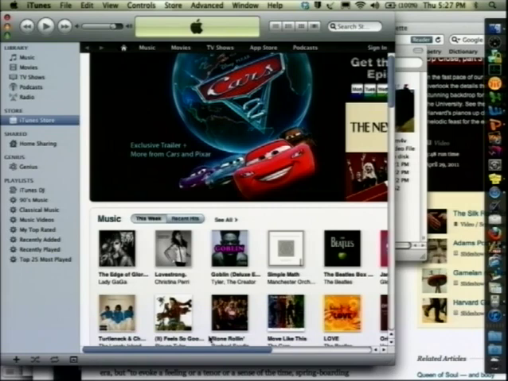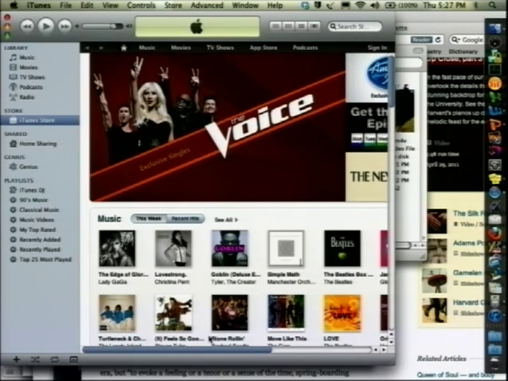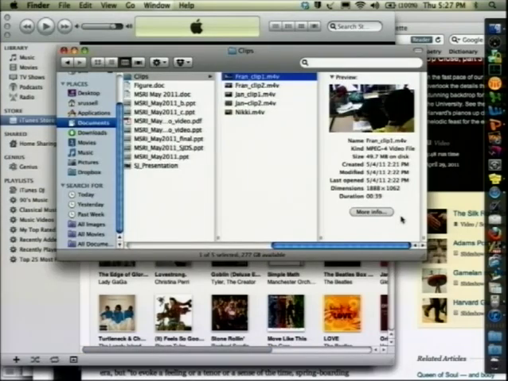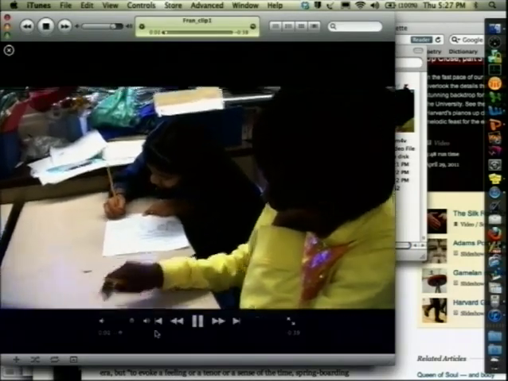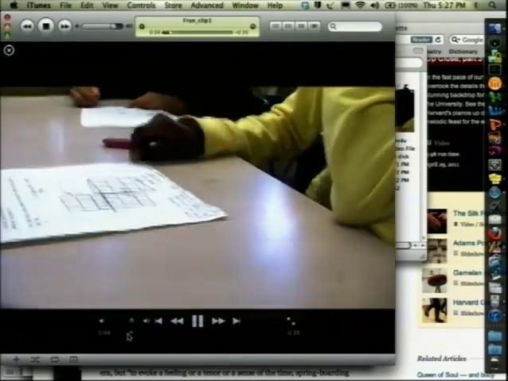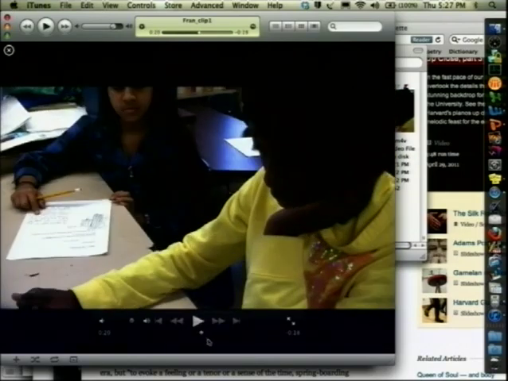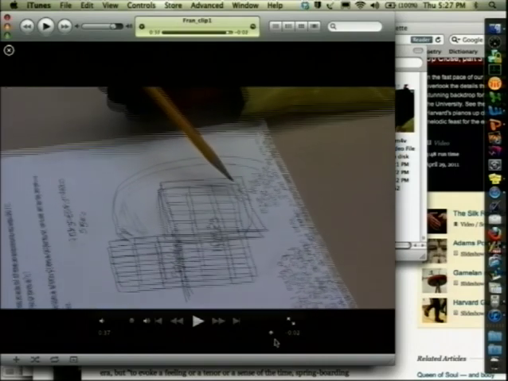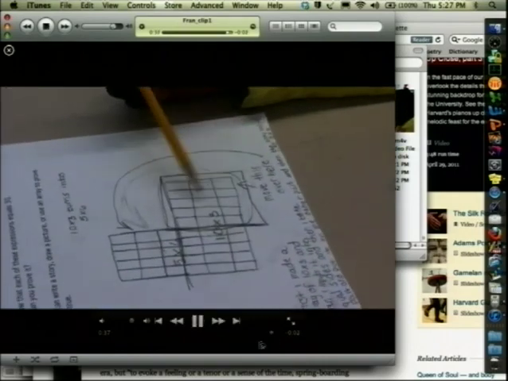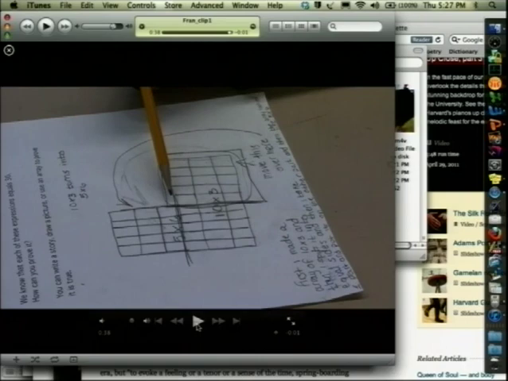Okay, now we first want to look at the last one. I don't know that I can get that to happen. Let's give it a try. Could you explain to me what you did? Okay, what we want to do is actually see, if you can make out what she actually has written.